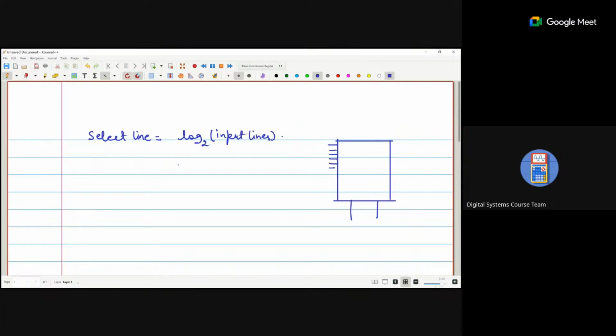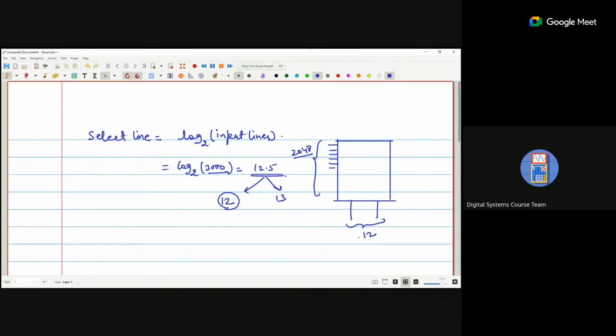So log 2 of 3000 is, I think, 12.5. We know that 12.5 select lines is not possible; it is either 12 or 13. If we have 12 select lines, how many input combinations are possible? 2048. And we require 3000. So that means 12 lines is not a correct option.